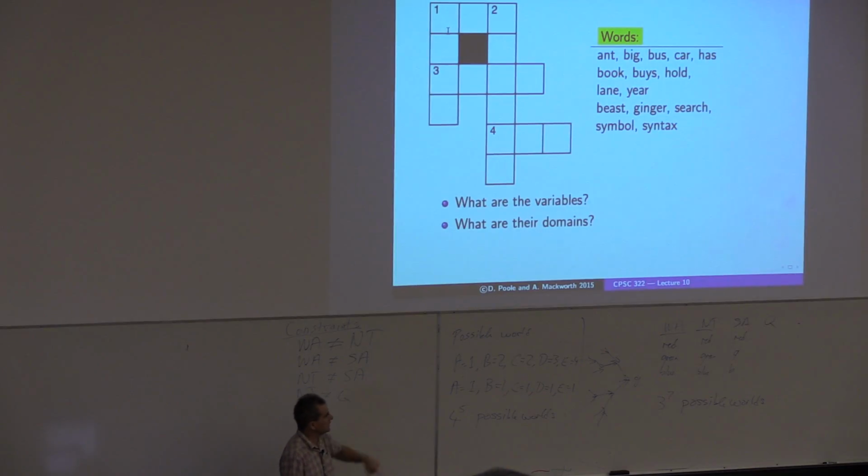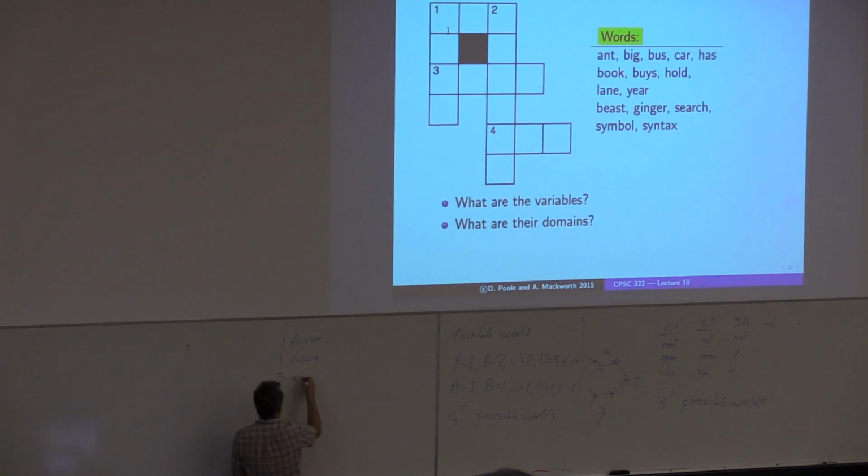So what are the variables in here? How would you represent this? The variables are the 4 or 5 positions you can put a word in: 1 across, 1 down, 2 down, 4 across, 3 across.